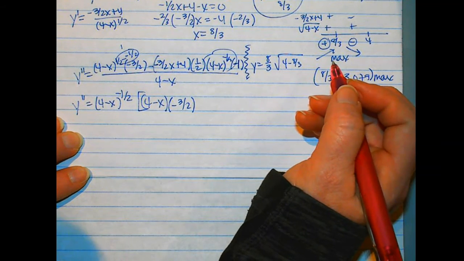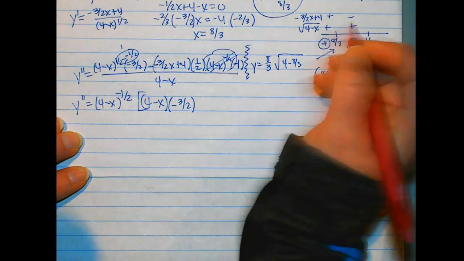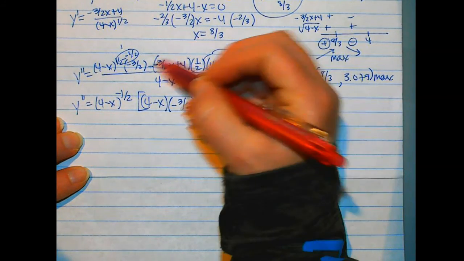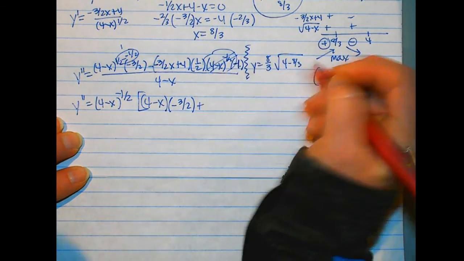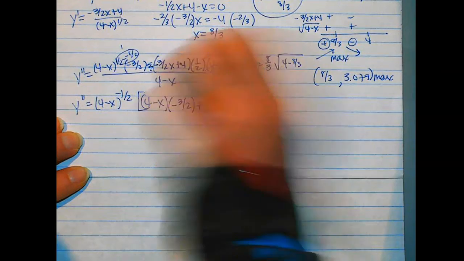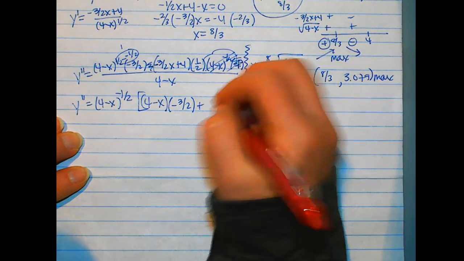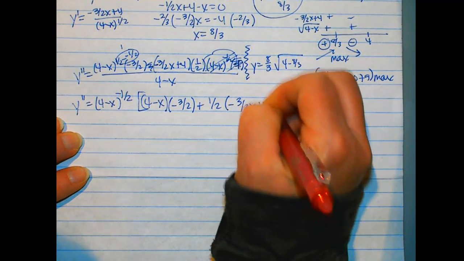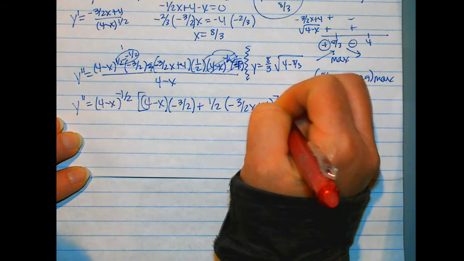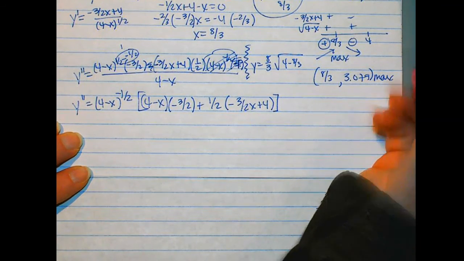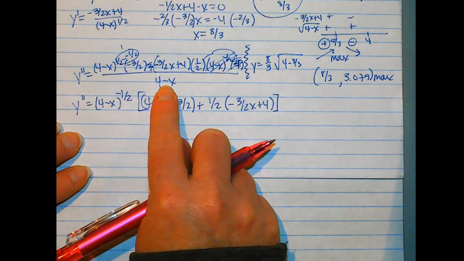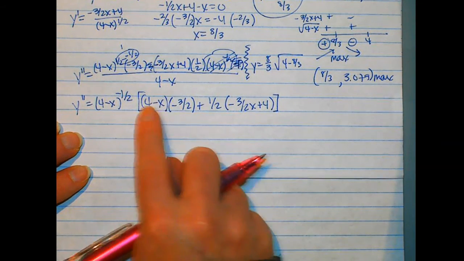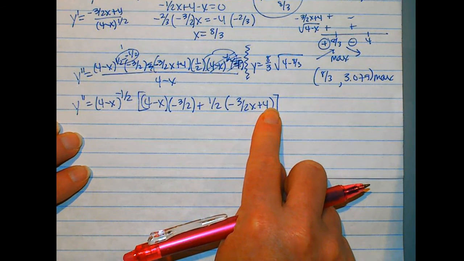Then I'm taking this out entirely. The negative 1 and this negative make a positive, so I'm going to do that here. I've got 1/2 times negative 3/2 x plus 4. How's that? It's all over 4 minus x, but for space's sake, I'm just going to keep remembering that until I move it down in a sec, because I want to simplify this bad boy. How we doing? Okay.